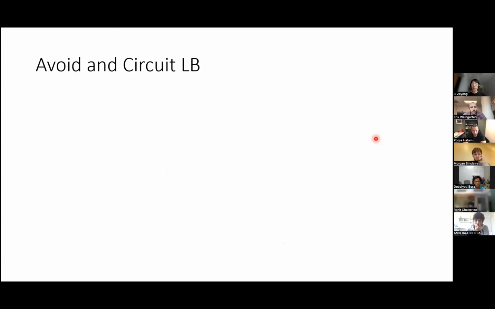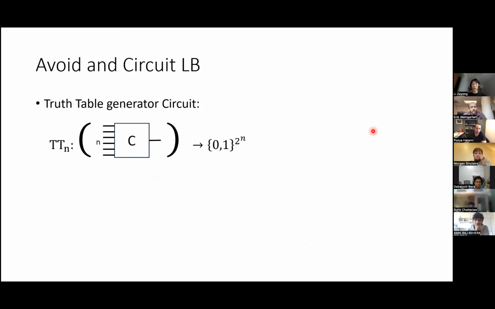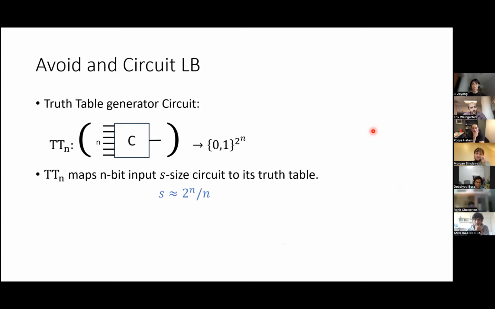And as a more concrete and relevant example, let's see how solving range avoidance brings us circuit lower bounds. In particular, we are going to use a circuit called the truth table generator circuit, indexed by TT. This circuit takes as input another circuit that has n bit input and 1 bit output, and it evaluates the circuit on all possible inputs, obtains the truth table of the circuit, and outputs the truth table. So again, it takes as input a circuit and outputs the truth table of the circuit.